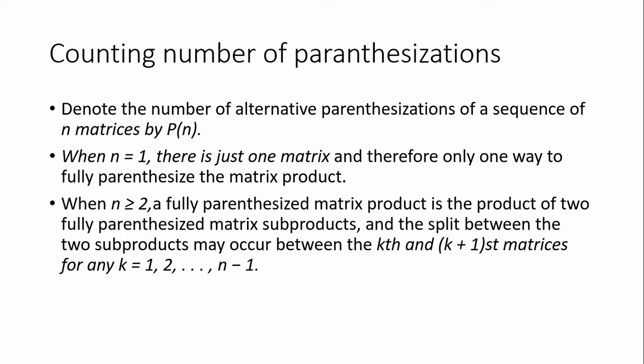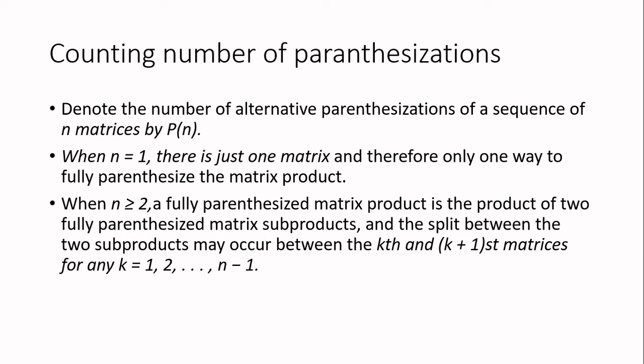For these matrices to be multiplied, we need subproblems. Initially you can multiply two matrices. We have n matrices; among these you choose the first two and multiply them, then you choose the third matrix. So if you choose A1, A2 first, you give a parenthesization for that.